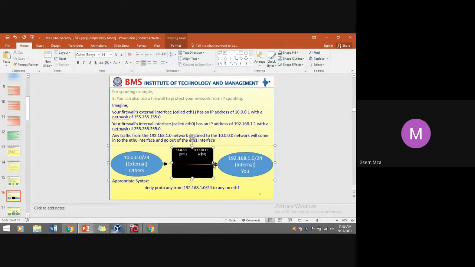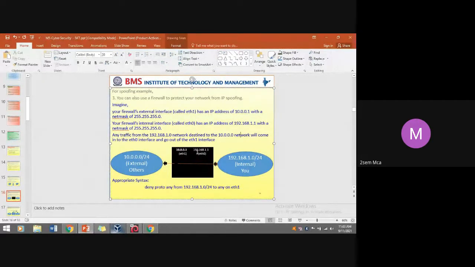Then this internal interface forwards the packet to the external interface to send it to the outside world. That is, ETH0 passes your packet or request to ETH1, and from ETH1 it is passed on to the external world.